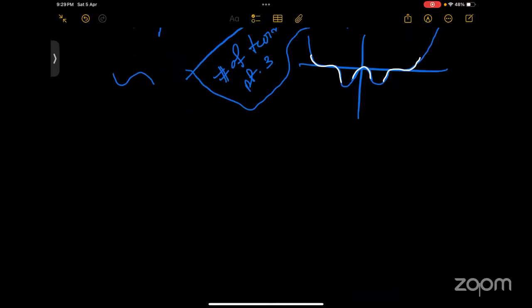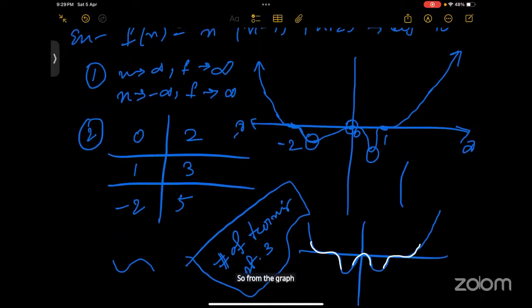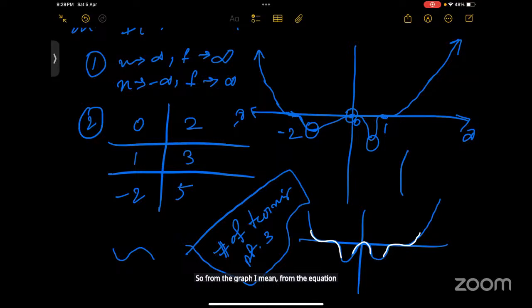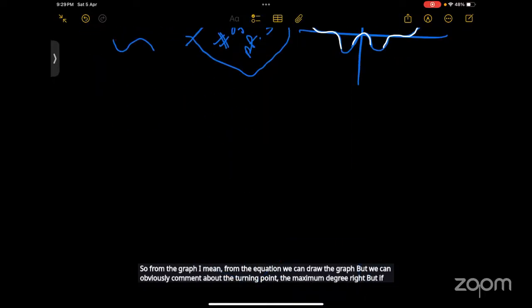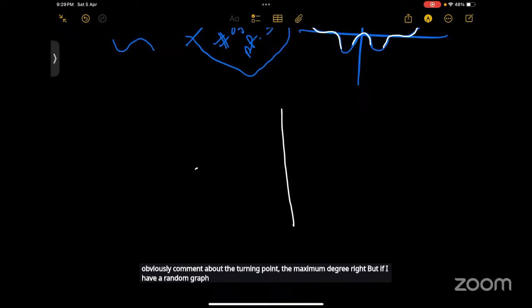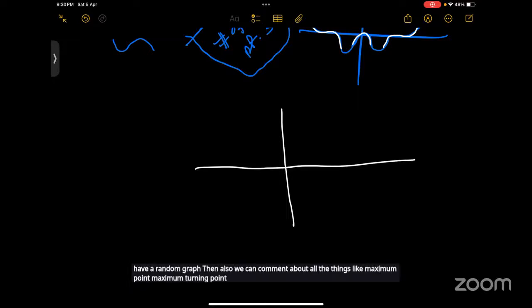So from the equation, we can draw the graph, and we can comment about the turning points and the maximum degree, right? But if I have a random graph, then also we can comment on the maximum turning points and maximum degree.